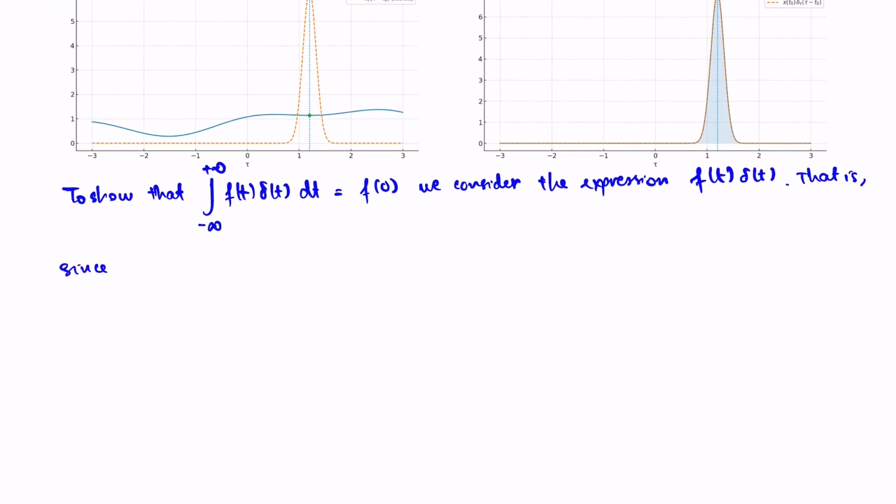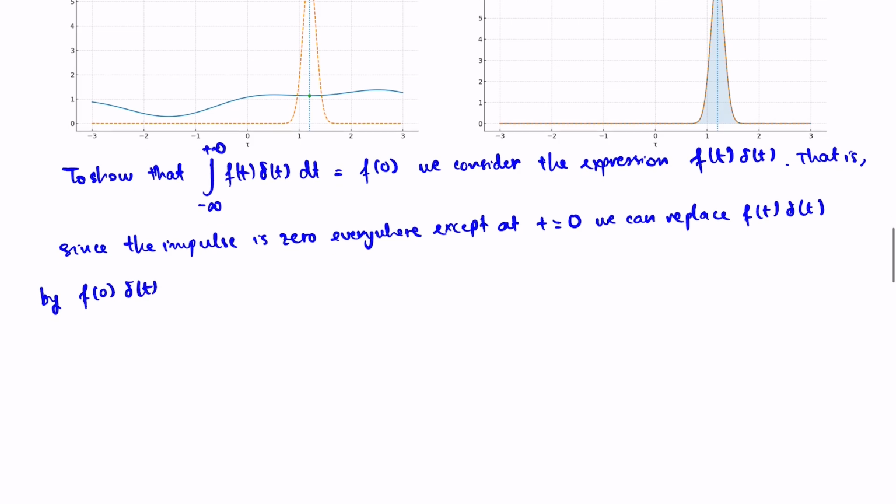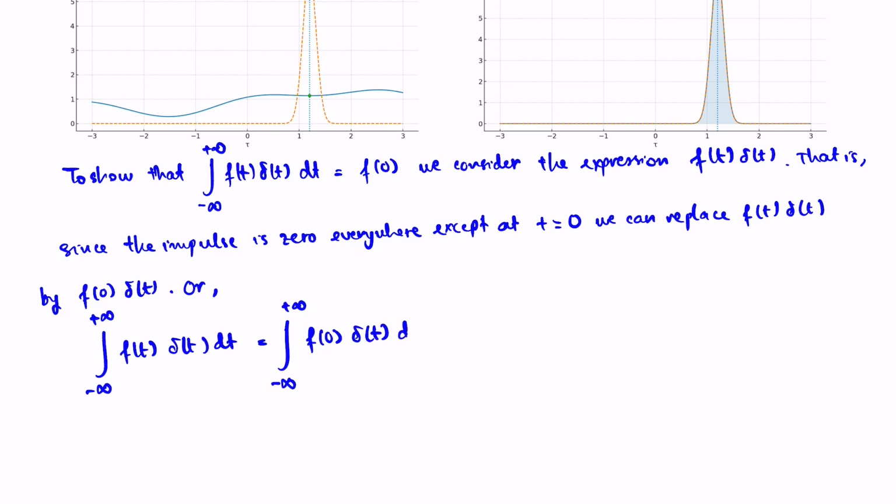Since the impulse is 0 everywhere except at t equal to 0, we can replace f of t times delta of t by f of 0 times delta of t. So the improper integral of f of t delta t dt equals the improper integral from negative infinity to positive infinity of f of 0 times delta of t dt.